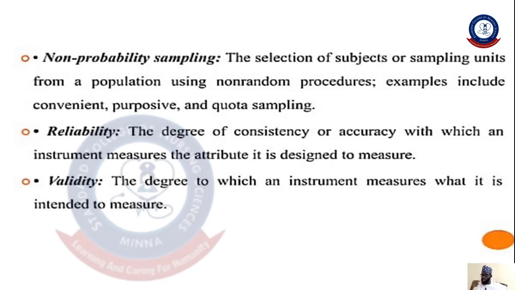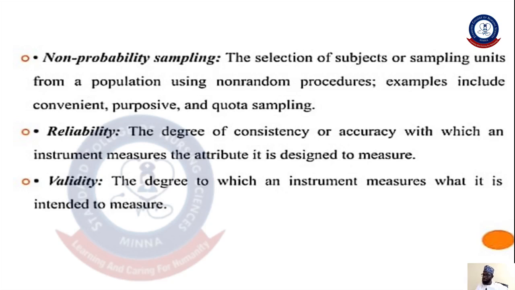Then reliability. These are words that are often used during research. Reliability is the degree of consistency or accuracy with which an instrument measures the attribute it is designed to measure.